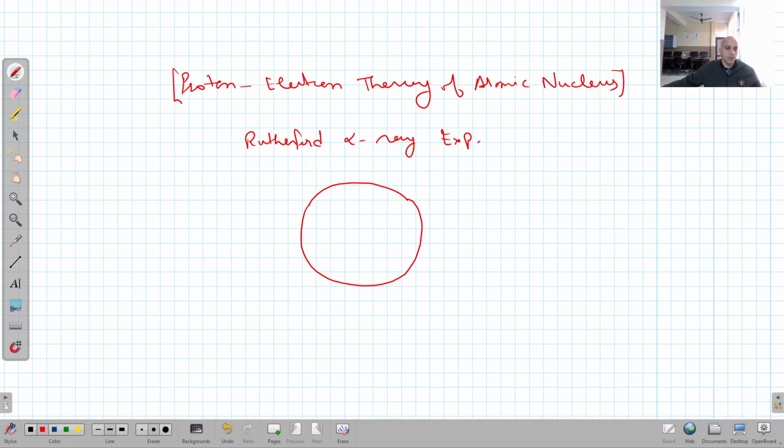According to Rutherford's observations, the atom consists of a very small core at its center that contains the whole positive charge of the atom and the whole mass of the atom, right?